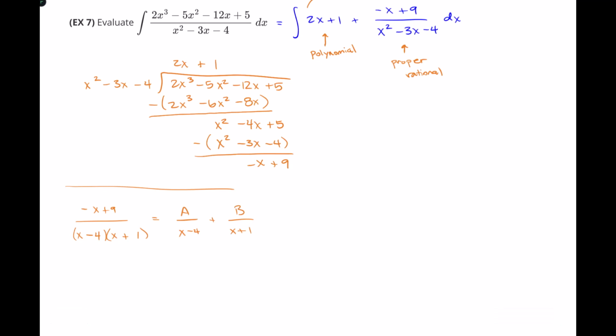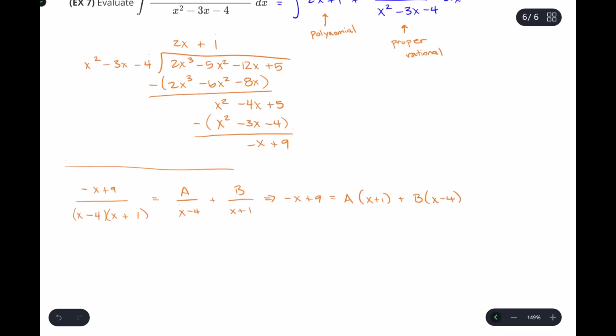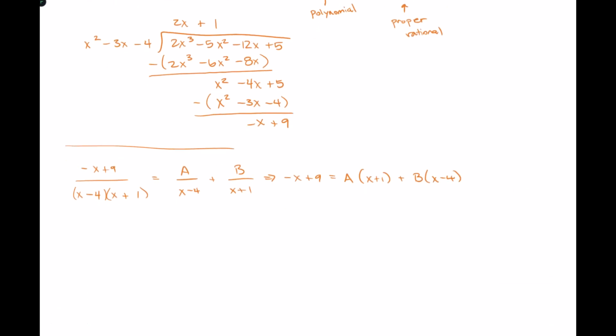All right, now if I go through and solve this, this would result in negative x plus 9 equals A times x plus 1 plus B times x minus 4. And this should be fairly straightforward to solve because I can choose strategic values that will make this pretty easy.